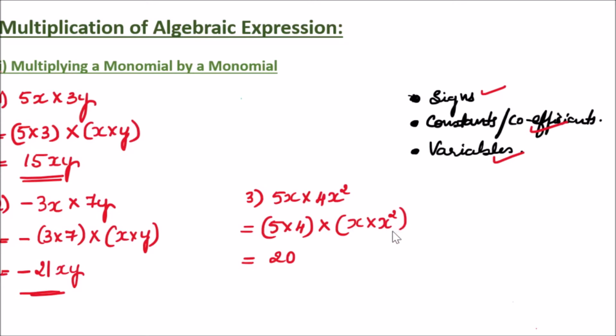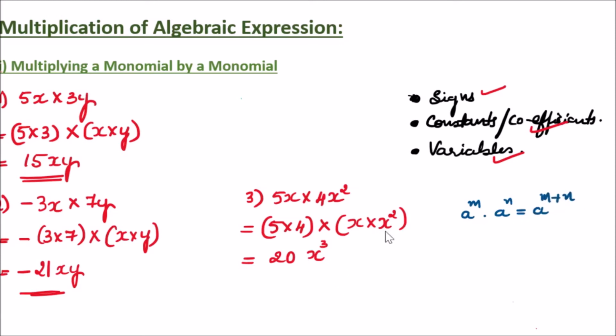X into x square is 3x square. No, it is not 3x square. X into x square is x cube. Why? Because a raised to m into a raised to n equals a raised to m plus n.